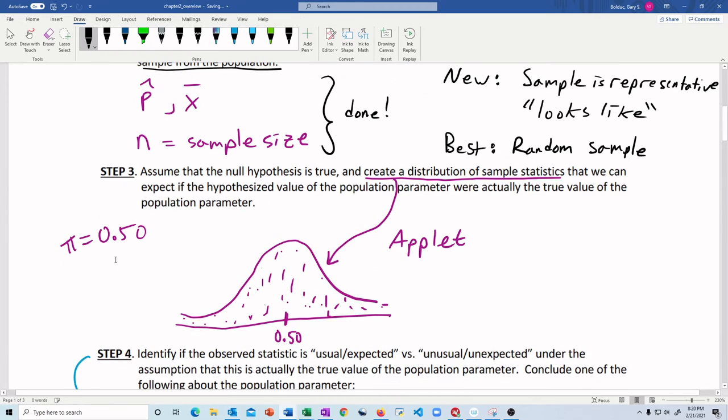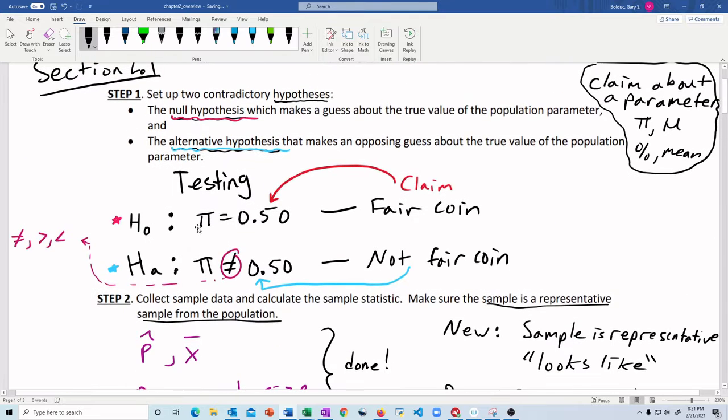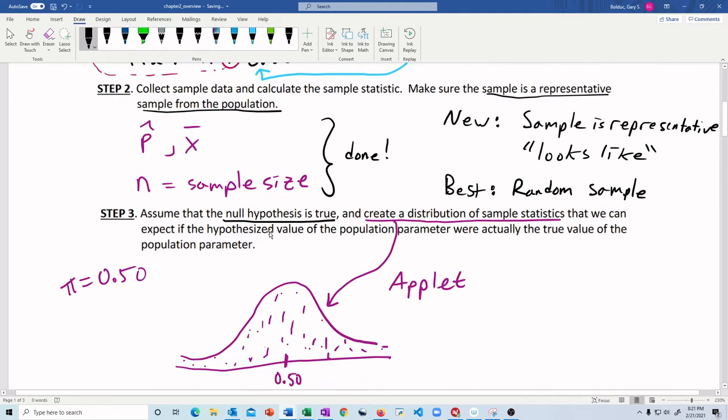I want you to do the same thing, except assume the null hypothesis is true. So assume the null hypothesis is true. So we've already done that, right? We've already gone into the applet and said, computer, pi is 0.5, pi is 0.333, pi is this, mu is that. We've already done that. Now we're just saying, oh, we've done that because that was our null hypothesis.